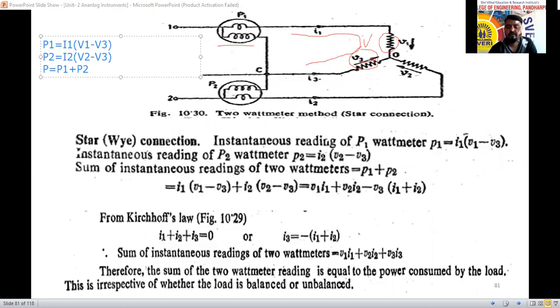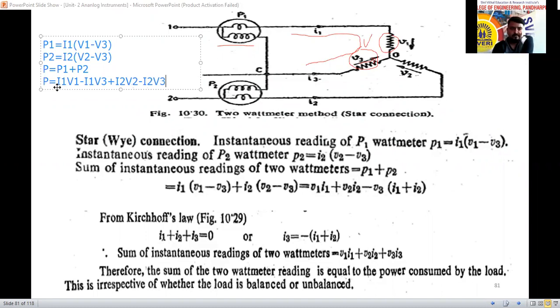Substituting, P1 is I1 V1 minus I1 V3, plus P2, which is I2 V2 minus I2 V3.